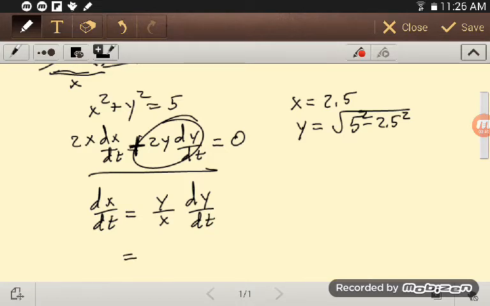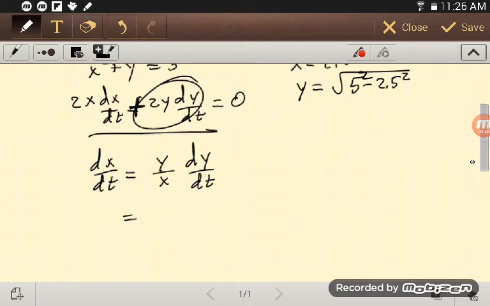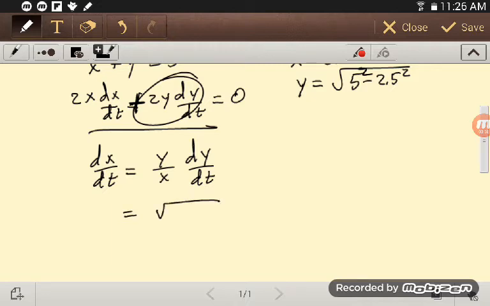And so dx/dt is negative the square root of 5 squared minus 2.5 squared, all over 2.5, times dy/dt, which they told us was 0.15 meters per second. And so there is our answer.